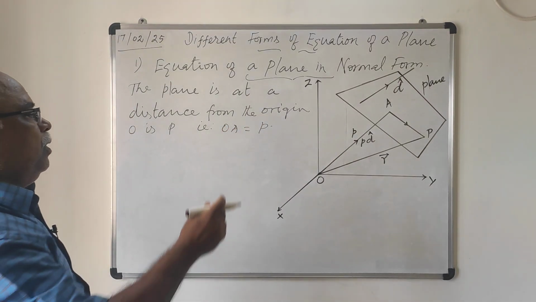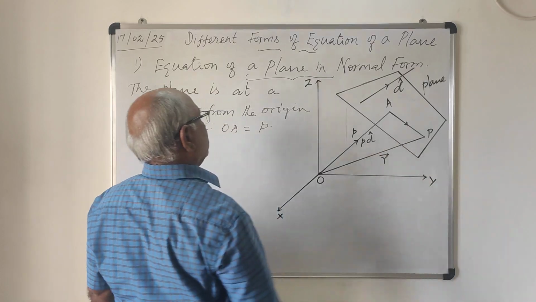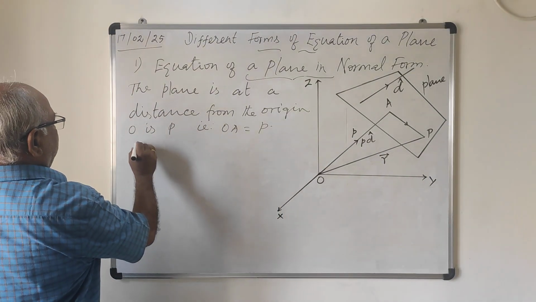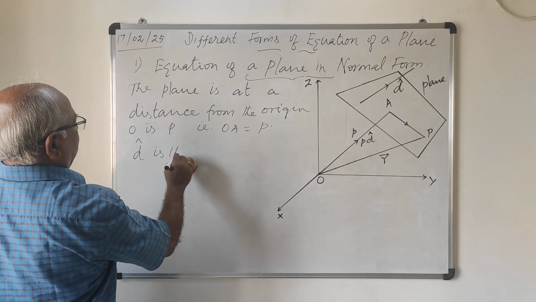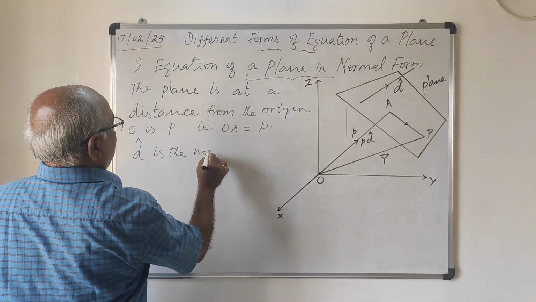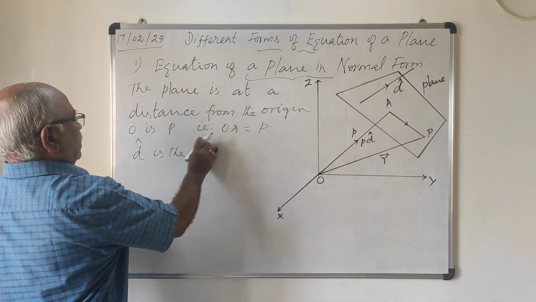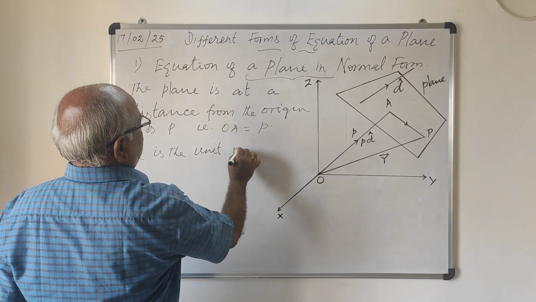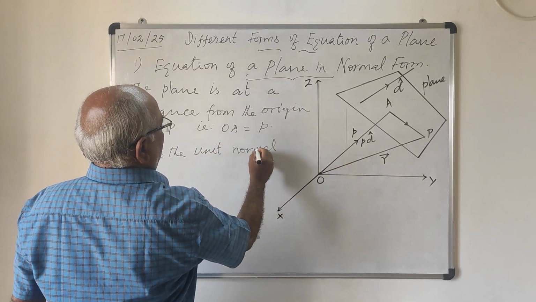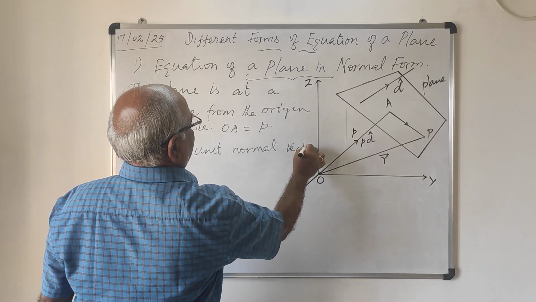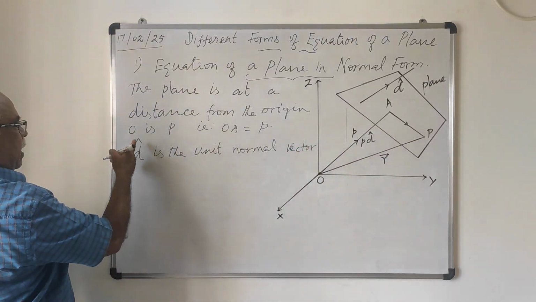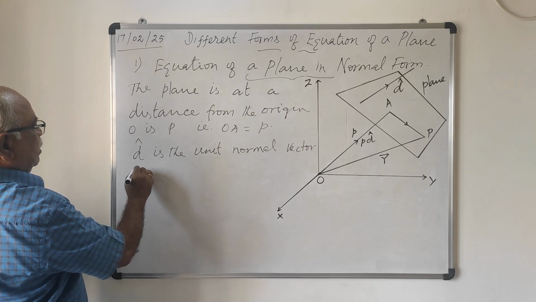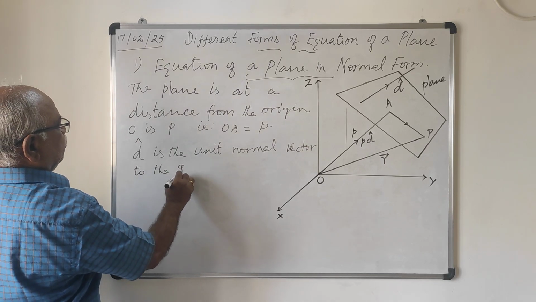A is any point on the plane, and d cap is the unit normal vector to the given plane. The cap notation indicates the unit vector.